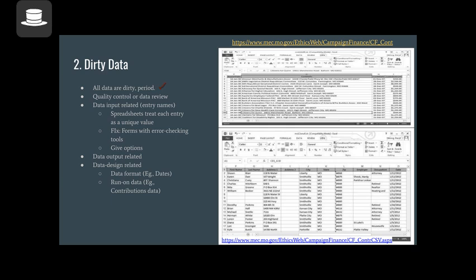If you're collecting or downloading and looking at raw data, it is most likely infested with errors, because there are no quality control measures. Even if there are, the measures are poor, and there are no specific reviews of the data that the agencies actually do to make sure the quality of the data is reliable. Now the question is, where do these data errors come from?